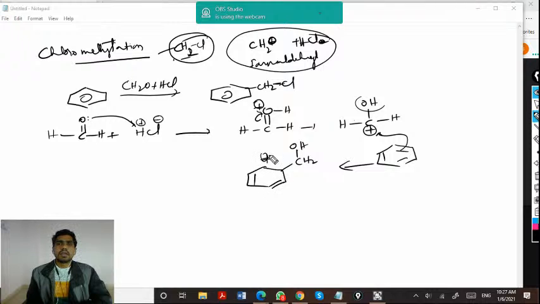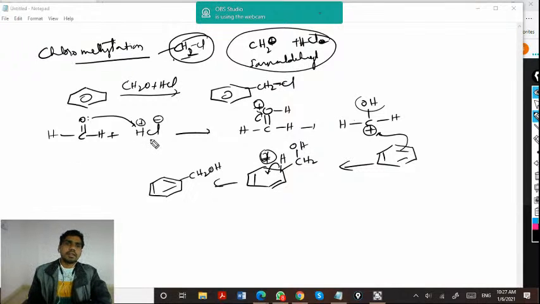The rest will be the same: sigma complex formation and electrophile elimination, and it is going to form CH2OH. But the thing is, in this reagent system, H plus is utilized, Cl minus will be available, which will easily undergo nucleophilic substitution reaction. So OH just gets replaced with the chlorine.